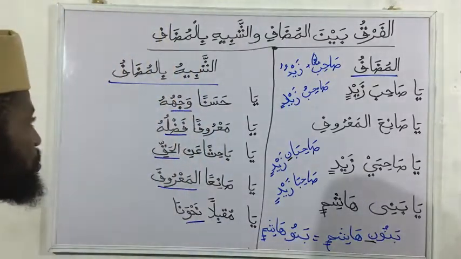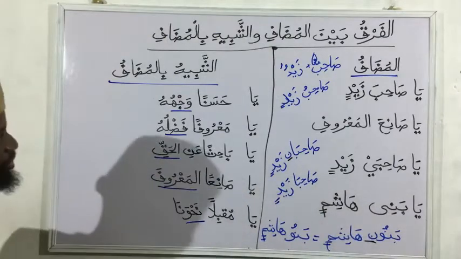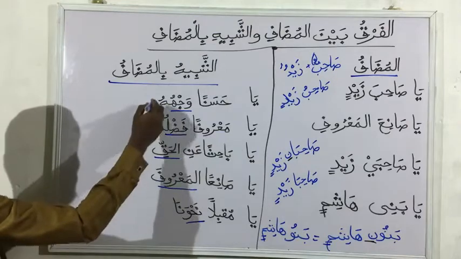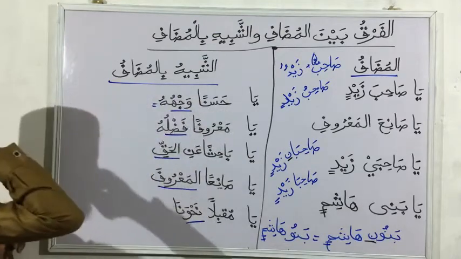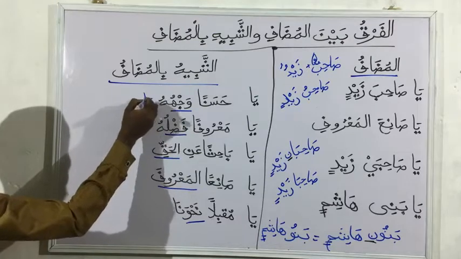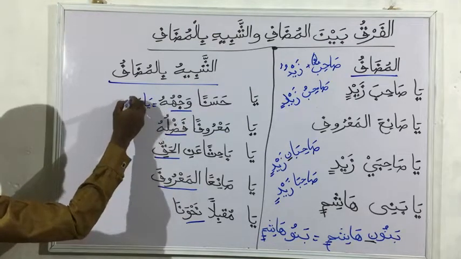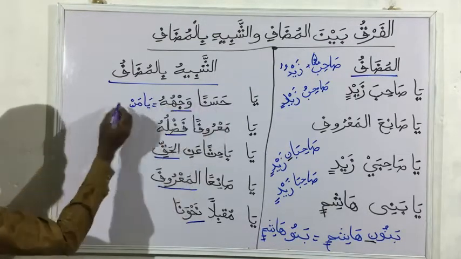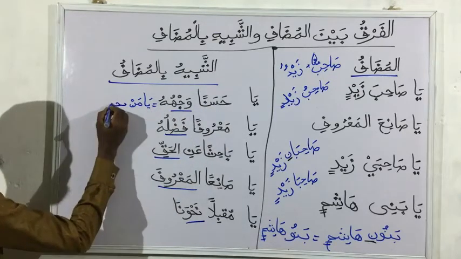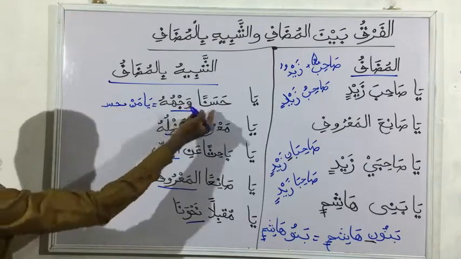So why is it this way? Let's break this down. Ya Hasanun Wajhuhu can be rewritten. Do we get now? And you say: Ya man yahsunu. So this is now reconstructed, because the verb should be able to fit in.